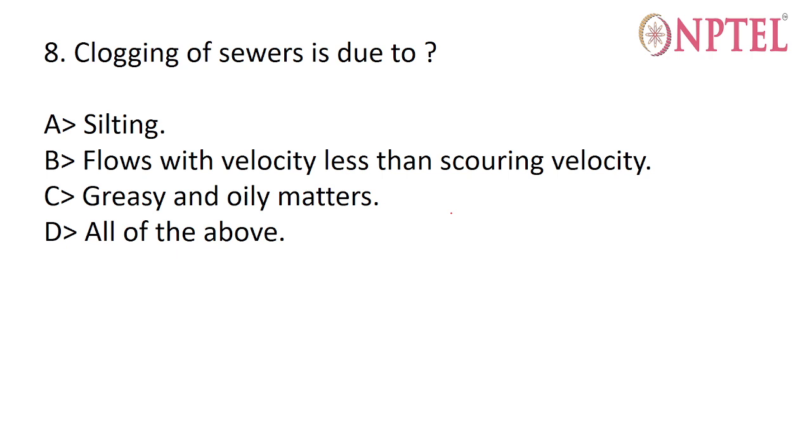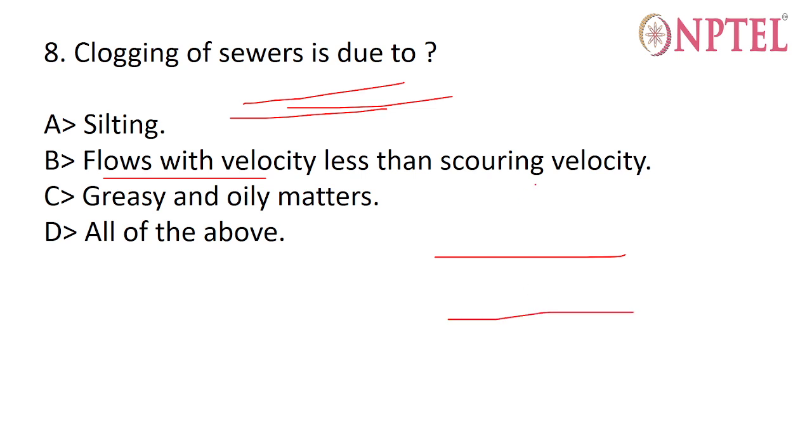Absolutely right. So silt will come and sit at the bottom of your sewers. It will definitely stop the flow. Then the flow velocity: if the flow velocity is less than the scouring velocity, you know what the scouring velocity is, I hope. It is the minimum velocity required. Suppose these things are trying to deposit at the bottom of the sewer, right?